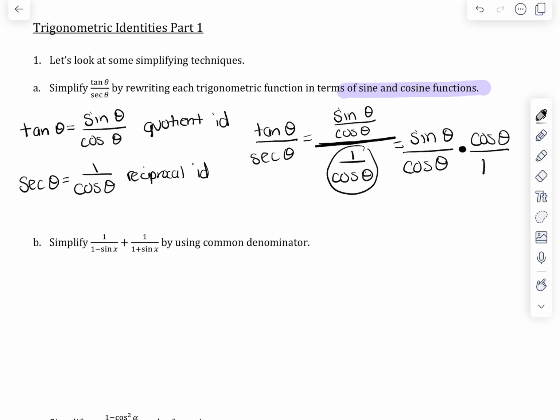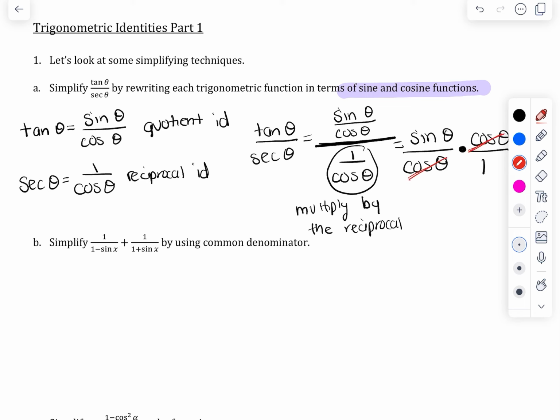So what I'm doing here is multiplying by the reciprocal. But what happens now is really nice, because everything is being multiplied, the cosines cancel each other out right here. And so I'm just left with sine theta.